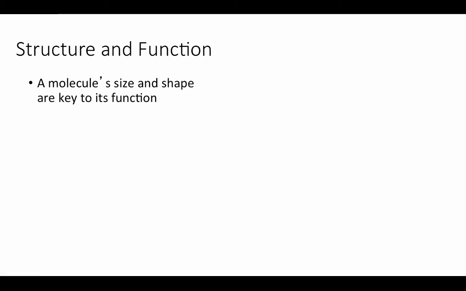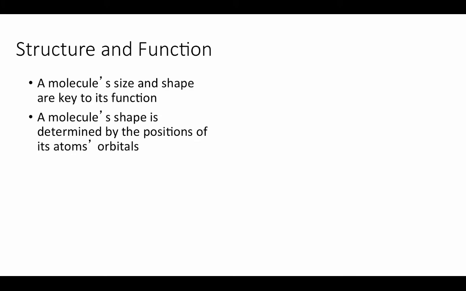And now we come back to this very big idea in biology of structure and function. We know that a molecule's size and shape are going to determine its function. A molecule's shape is going to be determined by the orbitals in the atom. Remember that these electron orbitals are getting as far away from each other as they possibly can.